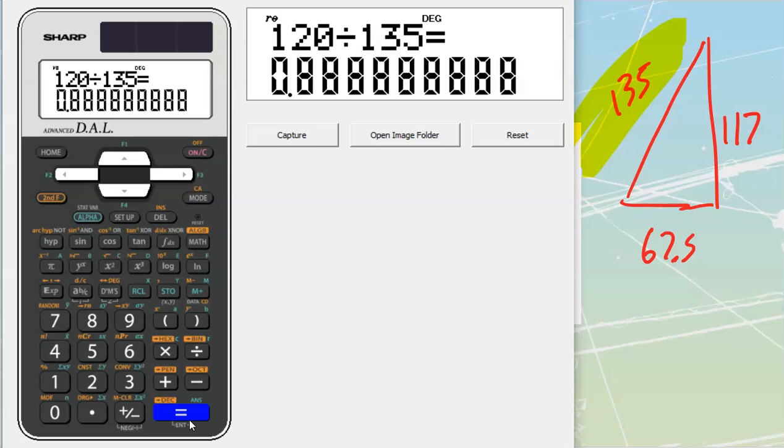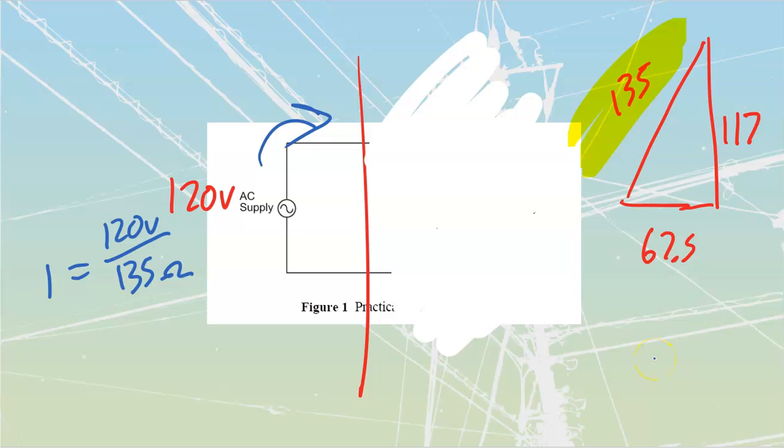We're going to round this to 0.889 amps of current that we will have going through our system. Lovely. 0.889 amps. If we have 0.889 amps going through here, we can solve a few other things.